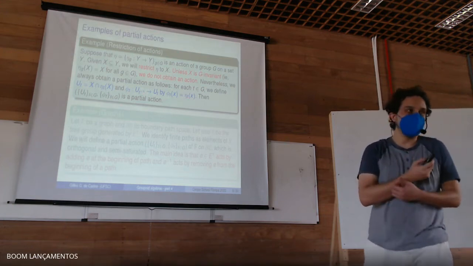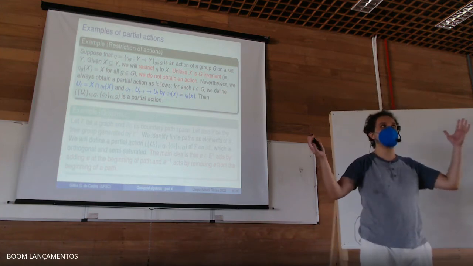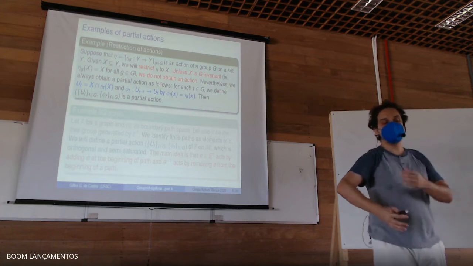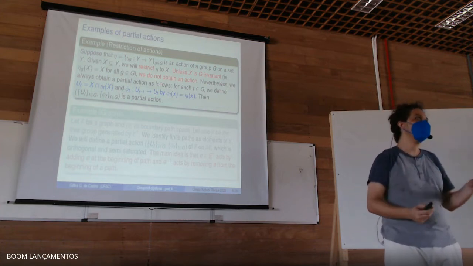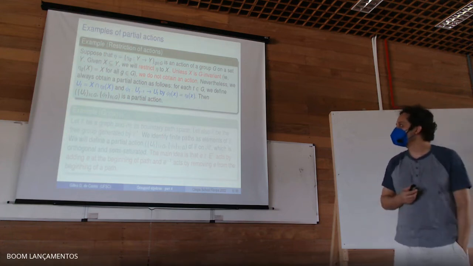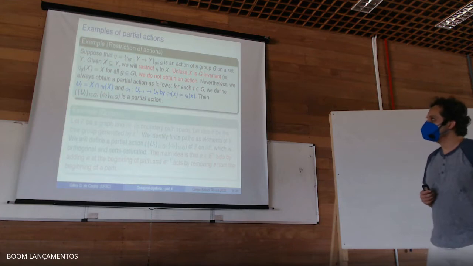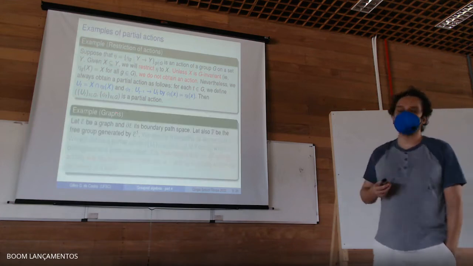So it's one of the basic examples of partial actions: take a global action and restrict. And a very big problem in partial actions is to try to go for the globalization. If I have more structure, you want the globalization to have more structure, but I'm not going to talk about this here.